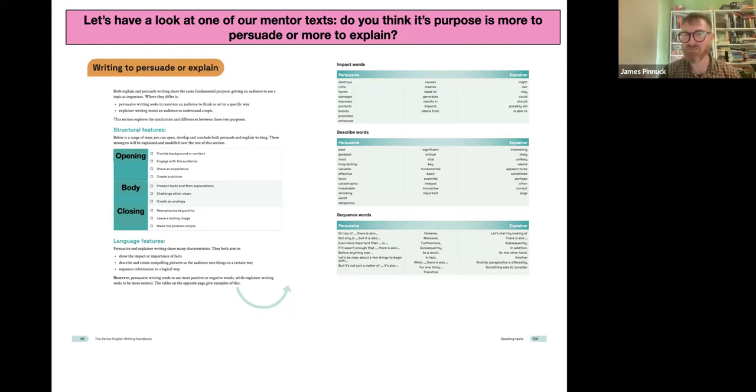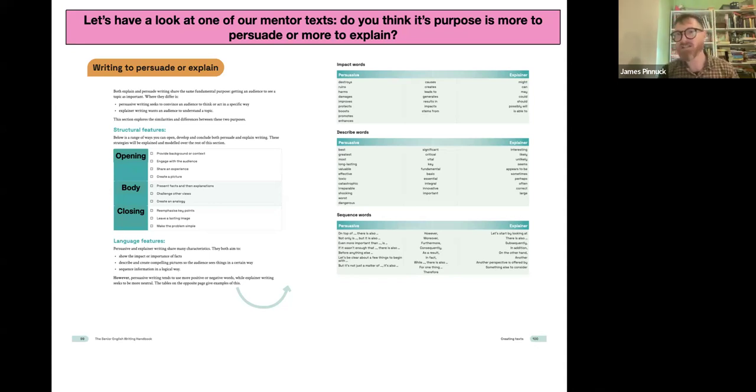So let's have a look at some of the language features on the right-hand side, and you can begin to point those out. Okay, so in the middle column are words that persuasive writing and explainer writing often share. But on the left-hand side, you can see that persuasive writing often presents stronger versions of those because it wants you to think positively or negatively about ideas and information which are being presented.